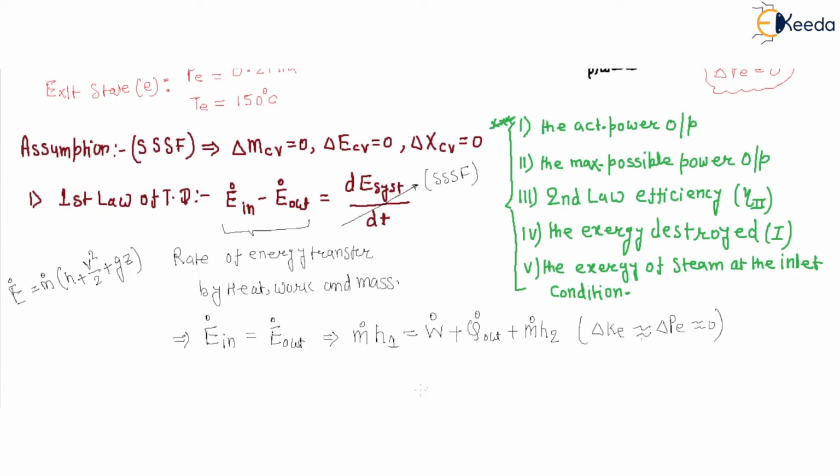Now the first step is to find the values of h1 and h2. Why? Because you have m, you have Q, and this is your actual power output. So first of all, what is h1?